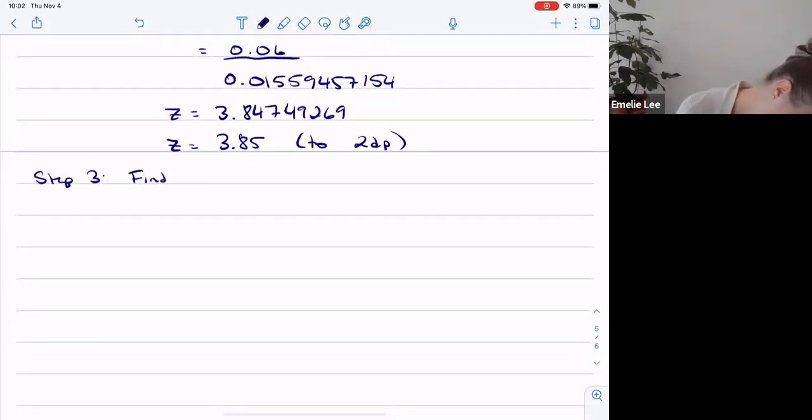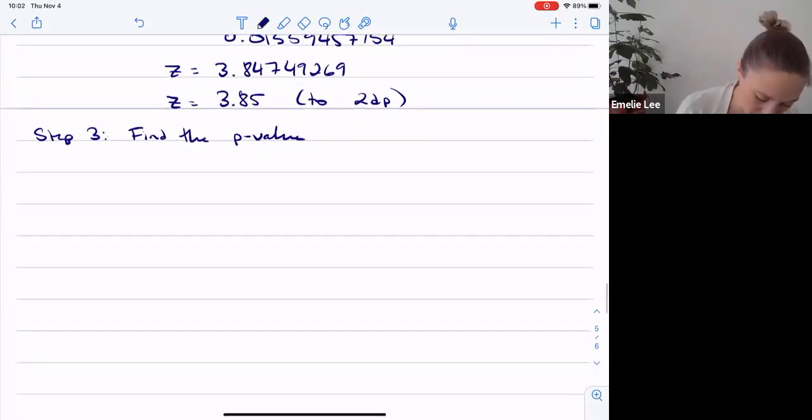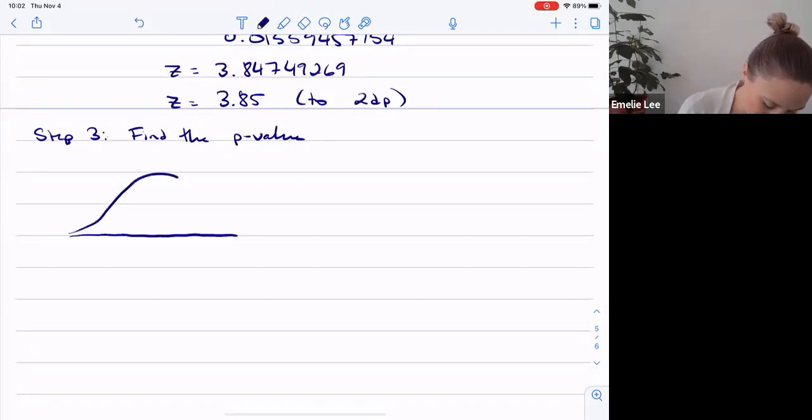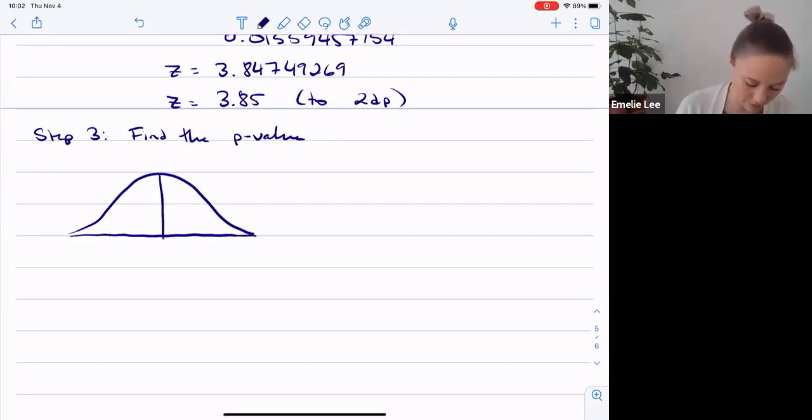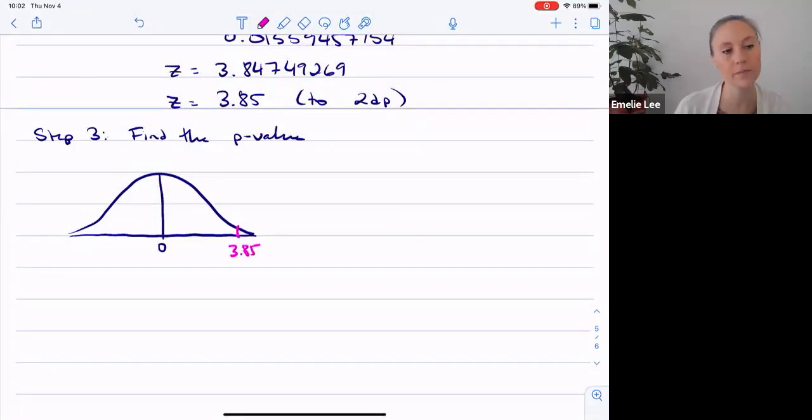In step 3, find the p-value. Now I have this Z distribution, and of course I'm centered at 0. And I found a value of 3.85.